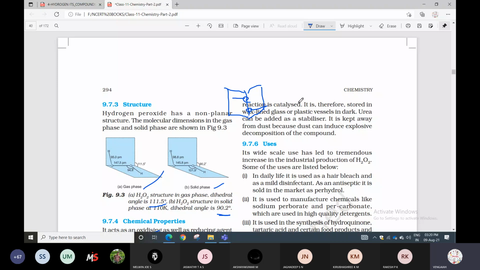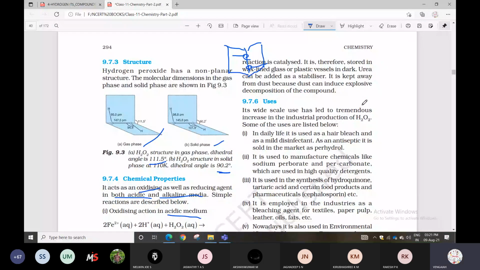What are the uses? It is widely used, leading to tremendous increases in industrial production and in daily life. It is also used in hair bleach and as a mild disinfectant and antiseptic. It is sold in the market as perhydrol.